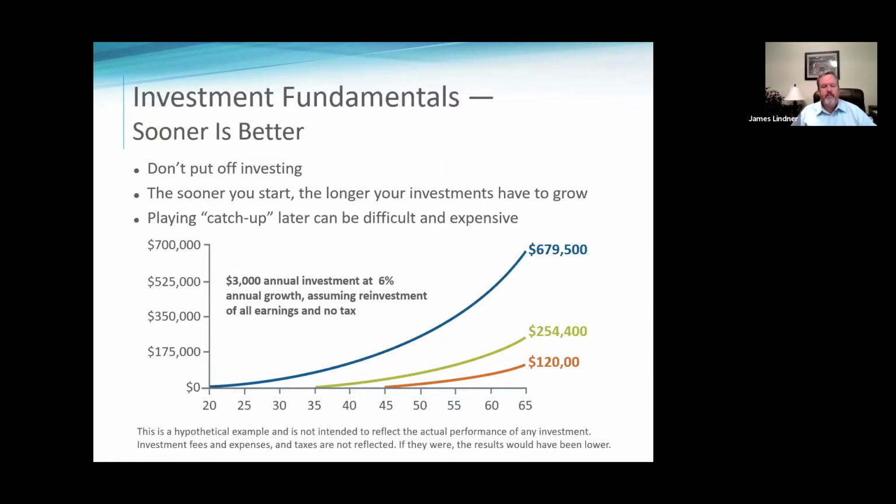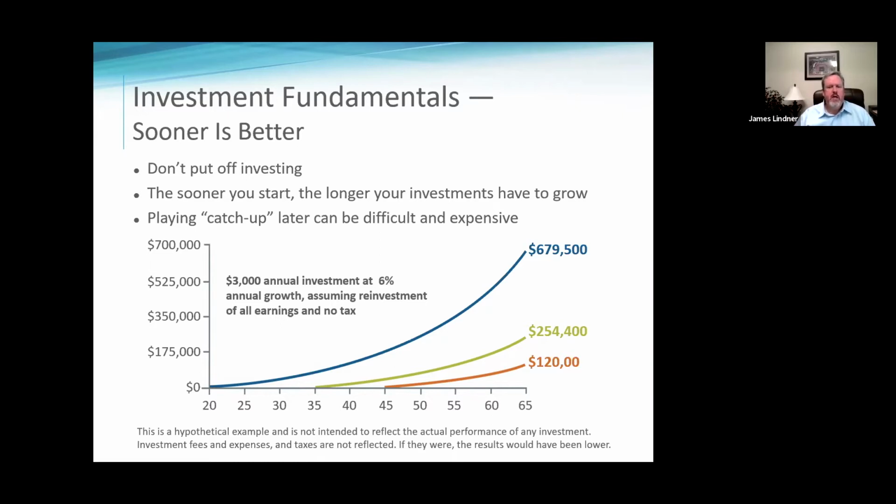And so the hope is that if you were to delay your savings, in this example from age 20 to 35, the assumption is that instead of putting away $3,000 per year, you're going to be putting away more like $10,000 a year. So to some degree, of course, you expect a higher savings rate to make up for not starting early.